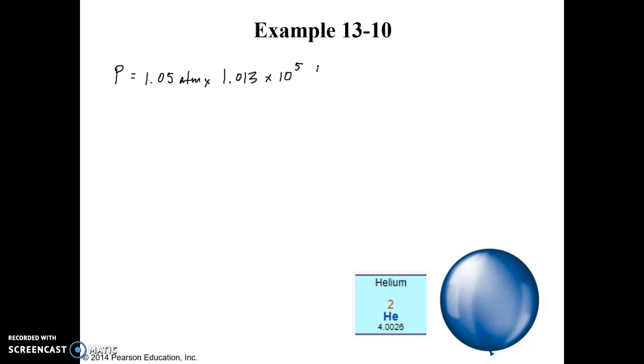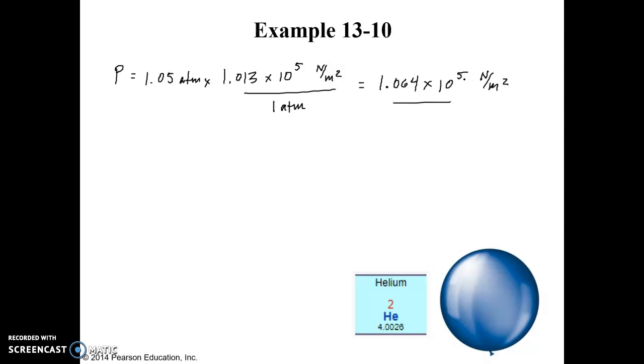That's how many newtons per square meter there are for every 1 atmosphere. We multiply that out and we find that the internal pressure in the balloon is 1.064 times 10 to the fifth newtons per square meter.